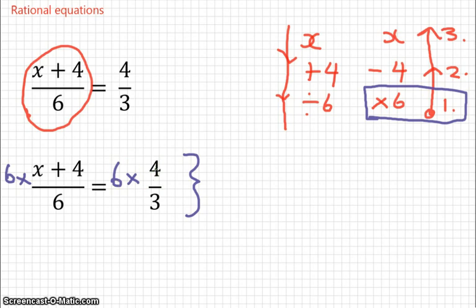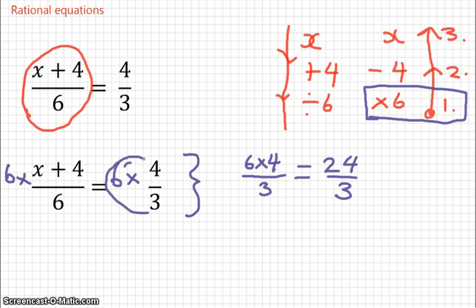We times 6 by the top number 4. 6 times 4, and it's still over 3. And this equals 24 over 3. So we've times the top number by the top number, 6 times 4 over 3. We keep that 3 down the bottom. So we just worked out this equals 24 over 3.